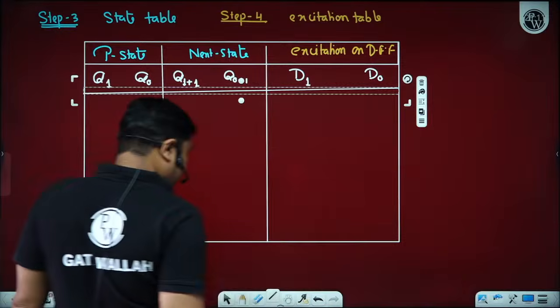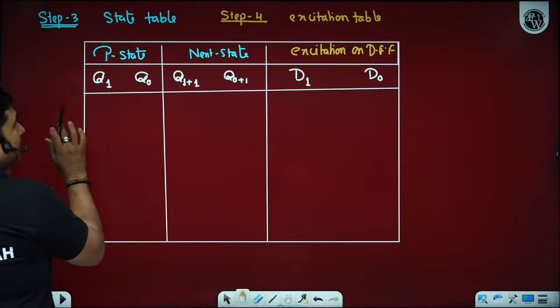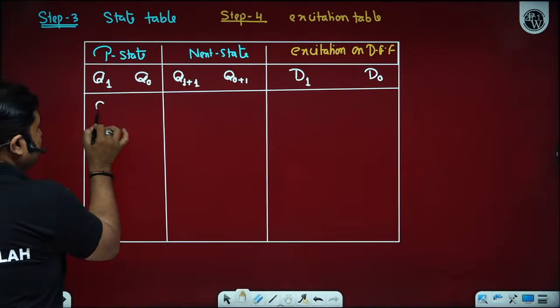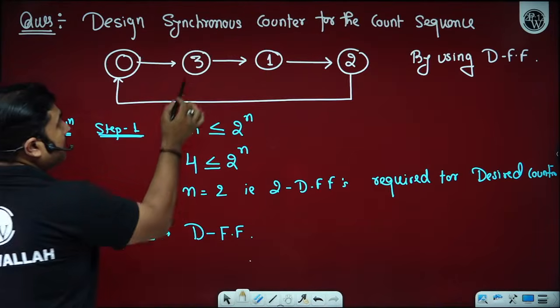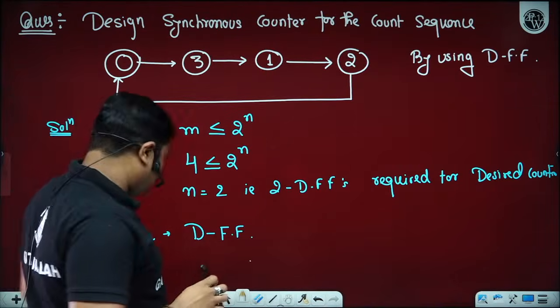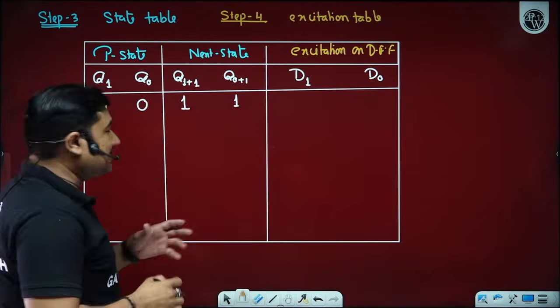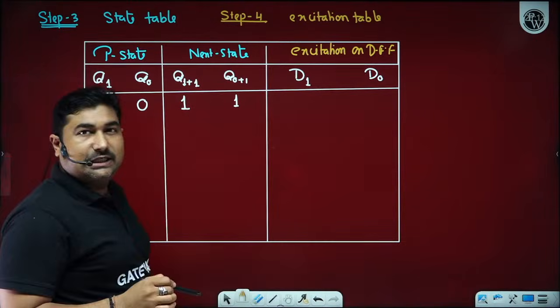Now please observe. The present state we want 0 0. If the present state is 0 0, then on application of the clock you want the next state to be the binary of 3, which is 1 1.